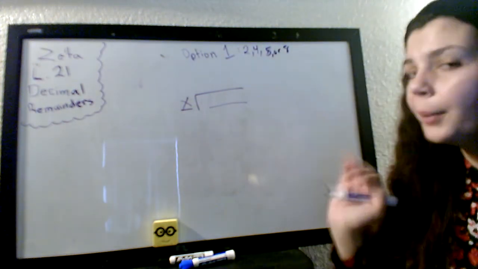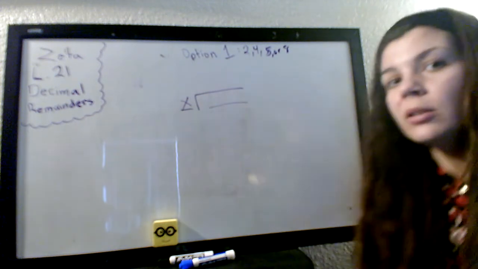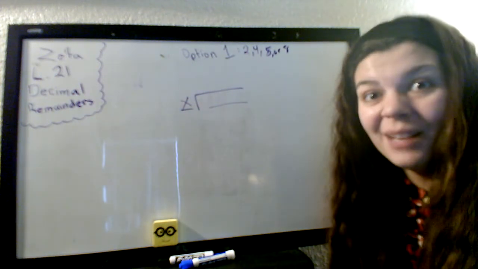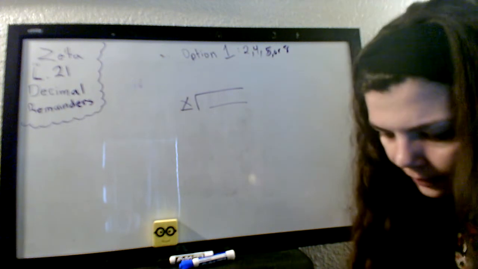When you have a number with 2, 4, 5, or 8 in the divisor section, most of the time, that can usually always divide out. Yes. Alright, let's see.